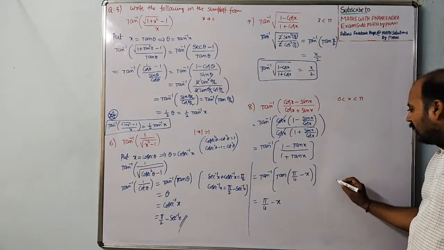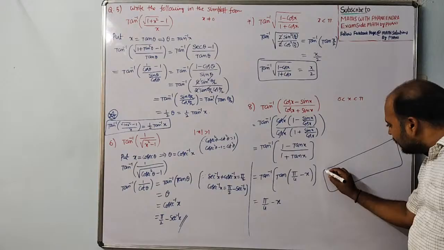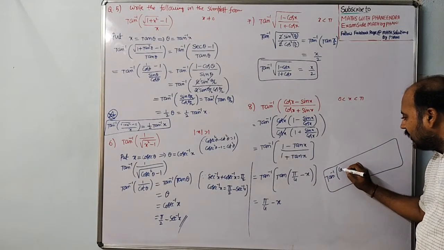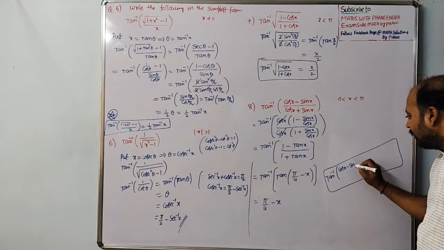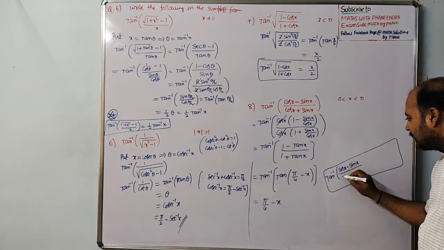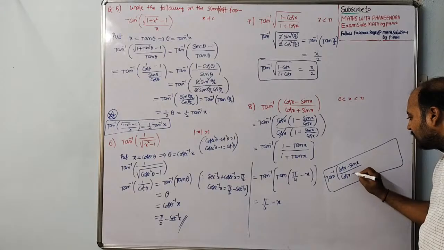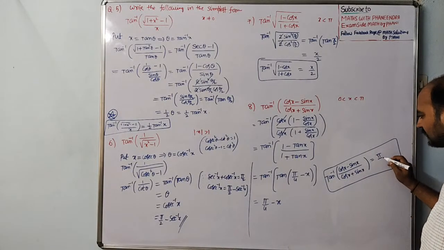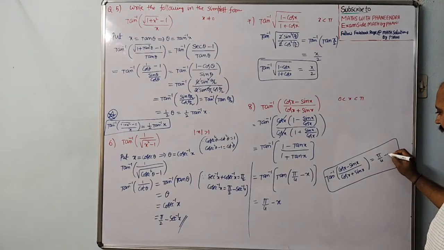So here also, whatever I am putting in the boxes, we can utilize as standard results, as shortcut values also. Tan inverse of cos x minus sin x by cos x plus sin x, you can take as pi by 4 minus x.